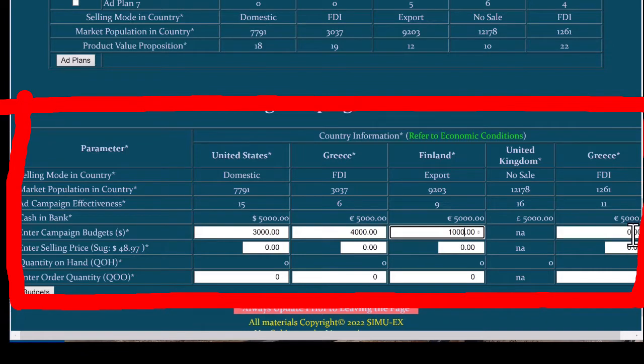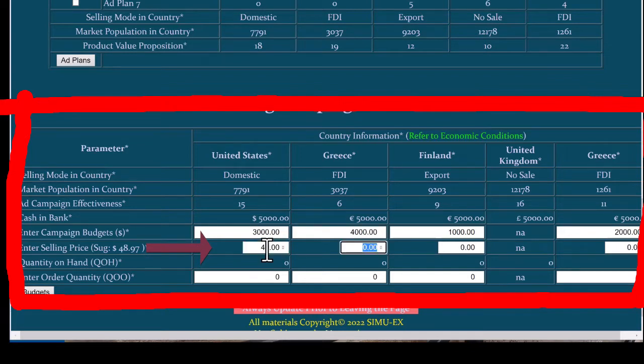You then would proceed to enter in the budgetary amounts in the currency that is noted. The next step after creating this promotional budget is to determine the selling price. Now, the selling price is a little bit different. It shows you the recommended selling price in domestic dollars.